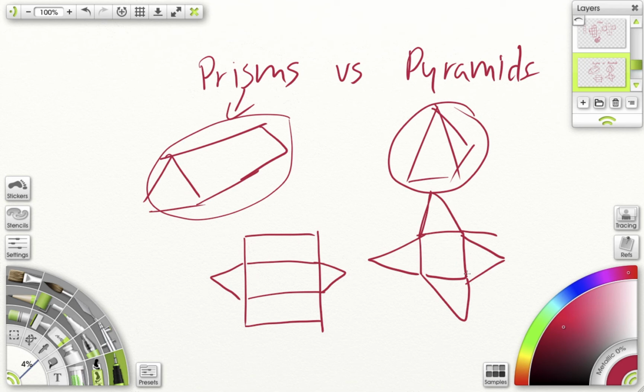Which one is the prism and which one is the pyramid? Here are the hints. Prisms will often have a bunch of rectangles that go around the sides of these shapes right here. Pyramids will have a lot of different triangles, and then one shape will be different.